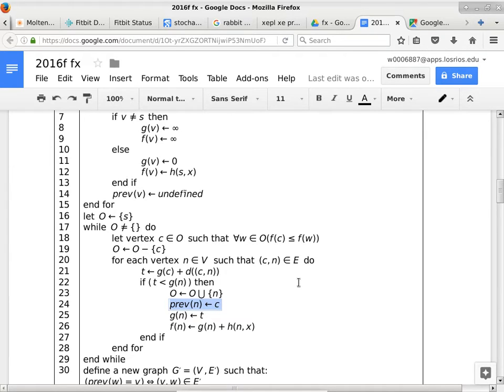So when you said you were adding n back to the set O, where is it first initialized? You mean the set O itself? How was it initialized? It's on line 16.